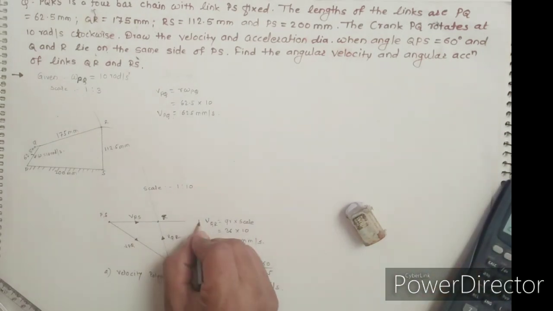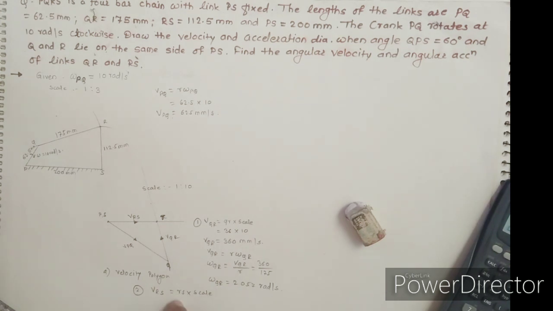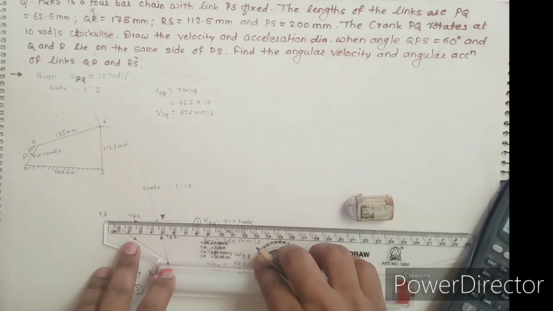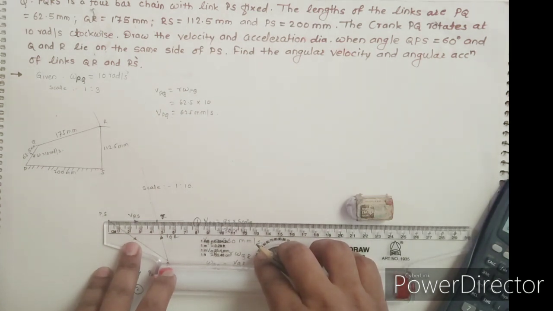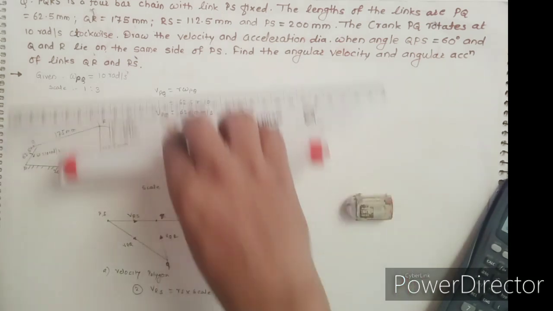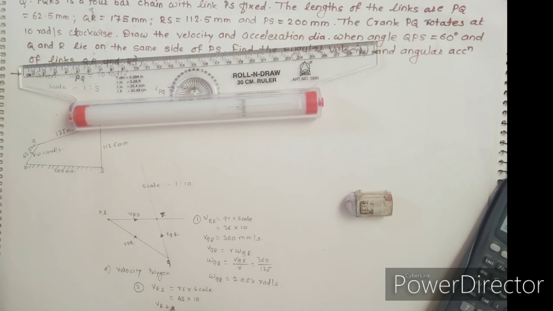Now this is the first. Second is the velocity of RS equal to small rs into scale. Small rs you have to measure from the velocity polygon, which is near about 4.3, that is 43 mm into scale, that is 10. So VRS equal to 430 mm per second.